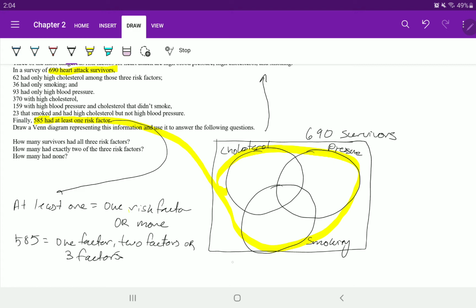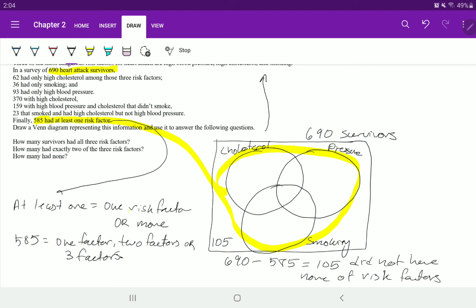690 down here minus 585 equals 105. And these 105 people did not have any of the risk factors. And 105 goes here on the outside, 105.